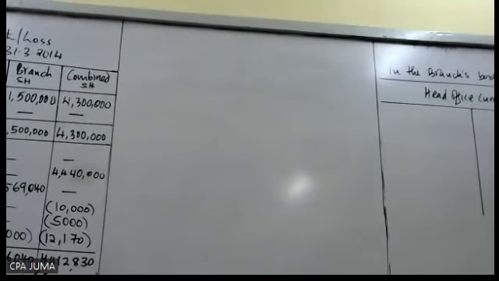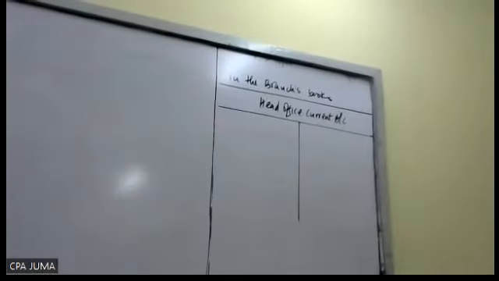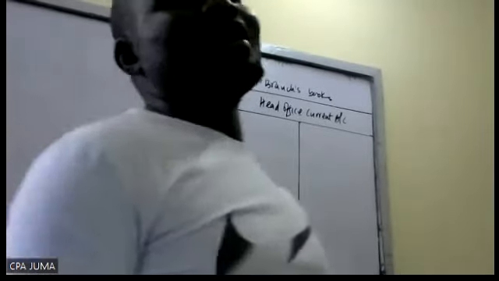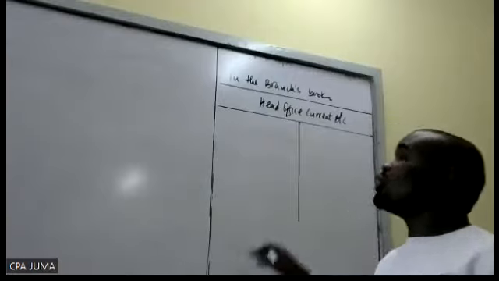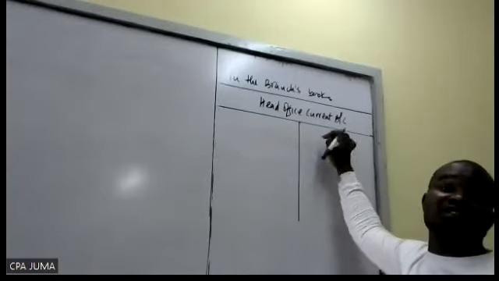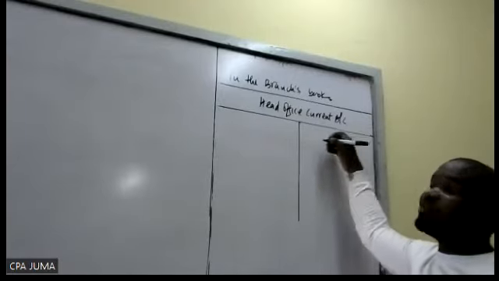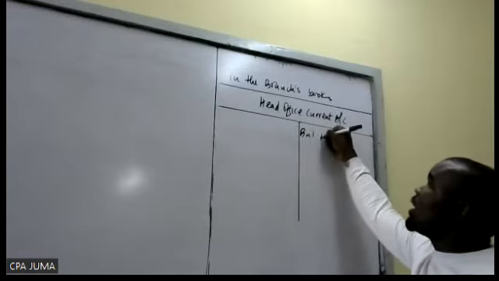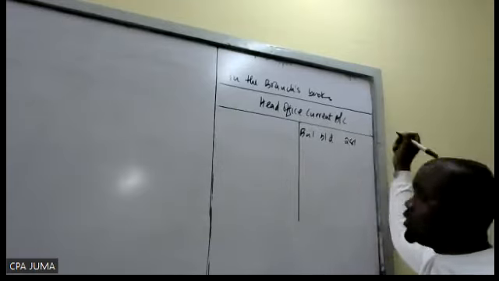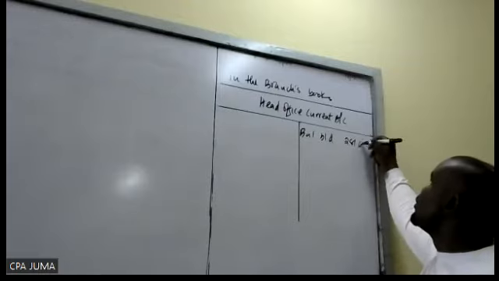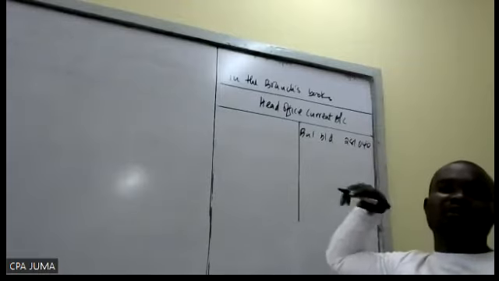So you start with the balance brought down. In the books of the branch, we check the balance due to head office. It should be on the credit. So balance brought down is 281,040. We have made a profit.